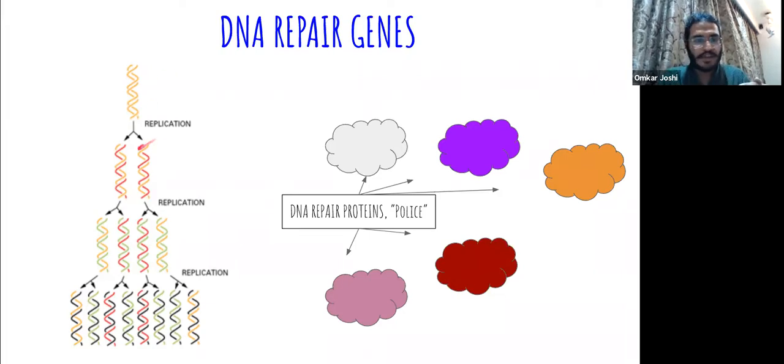And eventually, if this change in sequence is not corrected by proteins, then that error will propagate. So every time now the red strand codes for, for example, a green strand here, that green strand will have that error. Now every time the green acts as a template for the black, it will have this error.